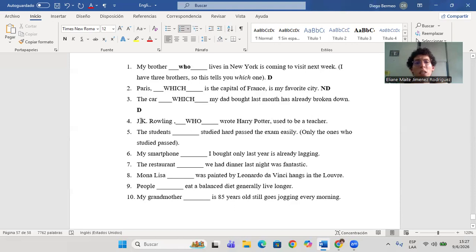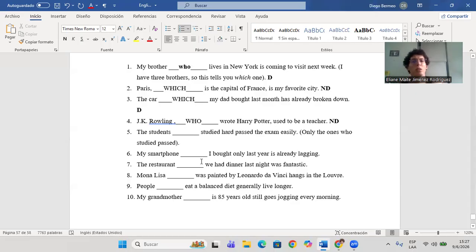And you simply say J.K. Rowling used to be a teacher, and we can say this is a non-defining, because it wouldn't be needed if people already know her and know that she's the writer of the Harry Potter series.